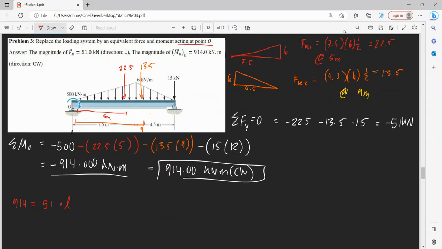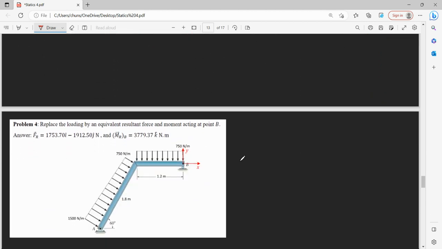Okay, so I'm not too sure how to work with this one right now, so I want you to just ignore what I just did and just take our final answers, our resultant force and our resulting moment about point O from our forces.